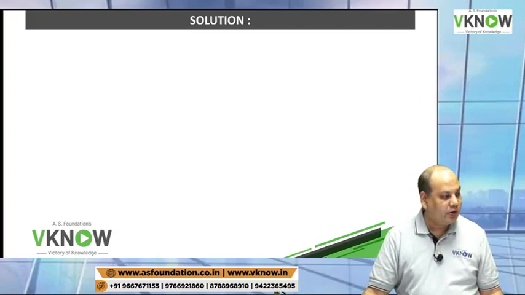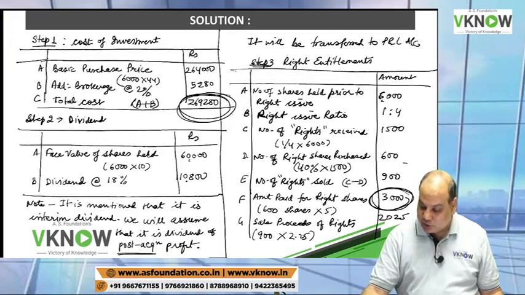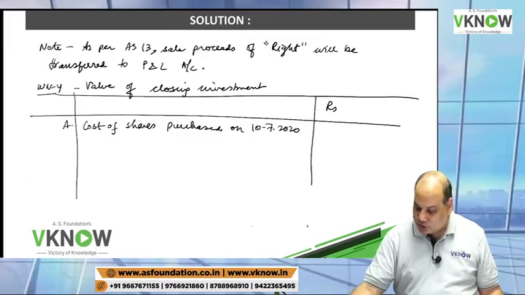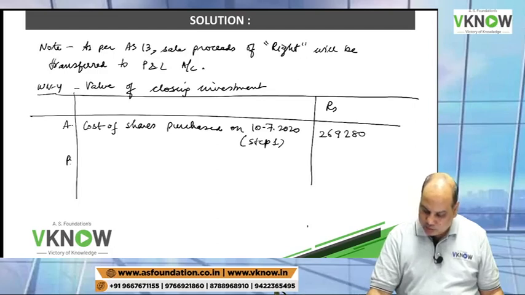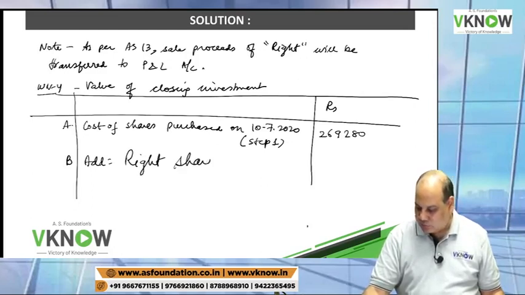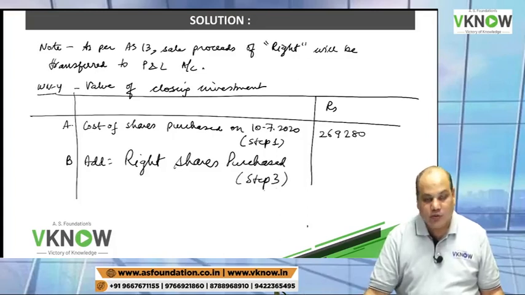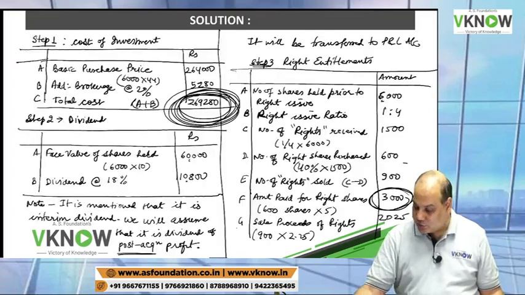This figure is 269,280, step 1. And B, add right shares purchased. This is step 3. Right shares purchased, on the screen right side, 3000 rupees.